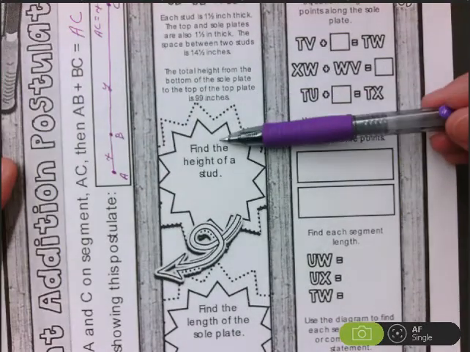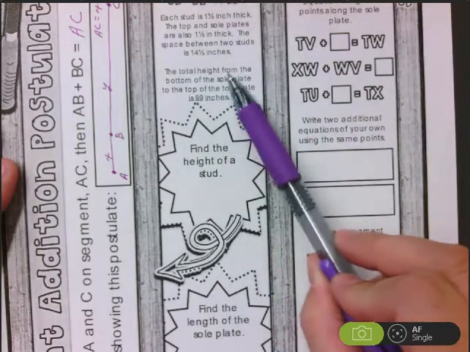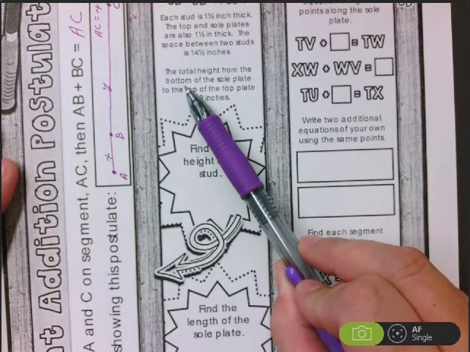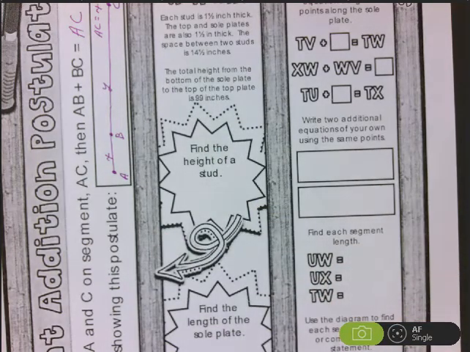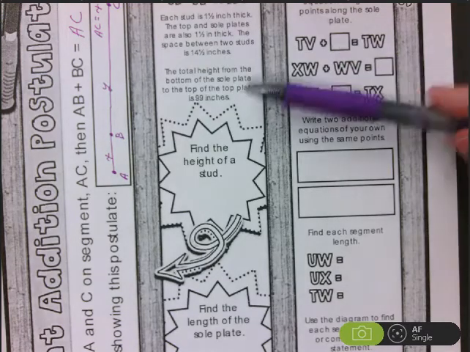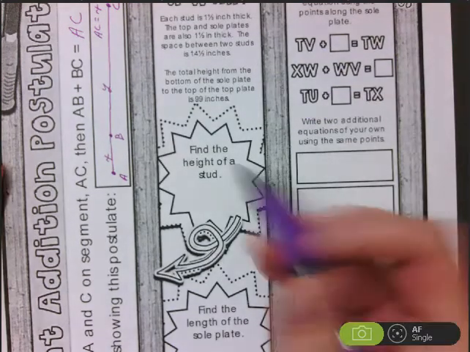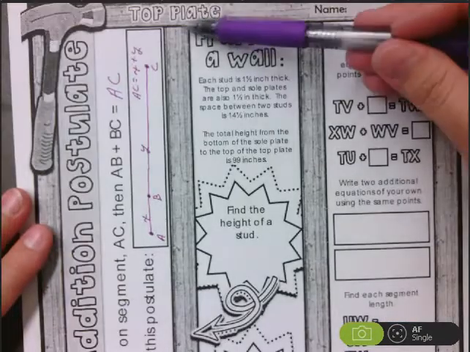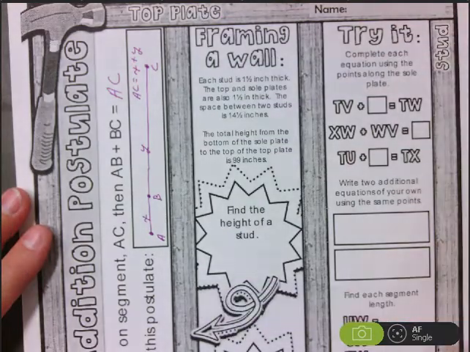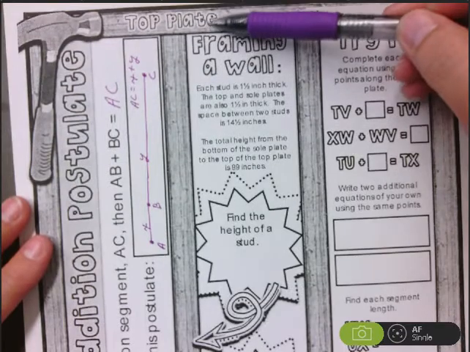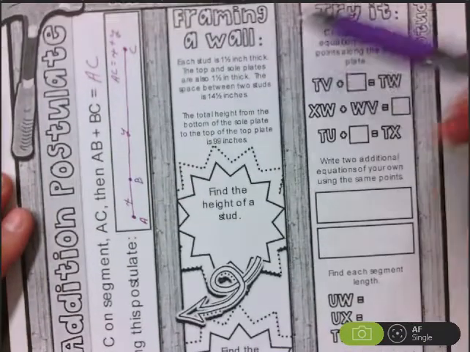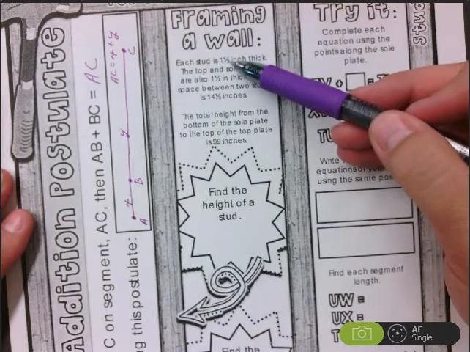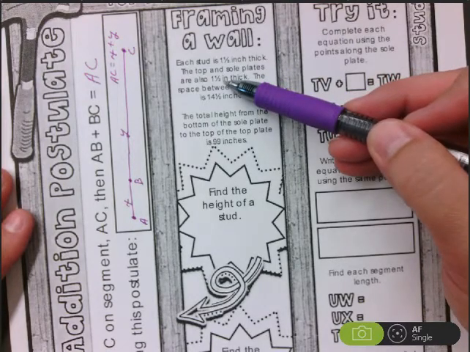It told us the total height from the very bottom to the very top is 99 inches. So if I figure out what just the height of this stud is, we're going to have to cut off this top plate and the sole plate down here at the bottom. And if you remember, it told us they're 1.5 inches thick, each one of those.